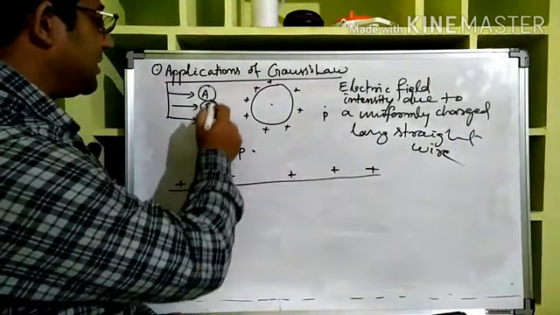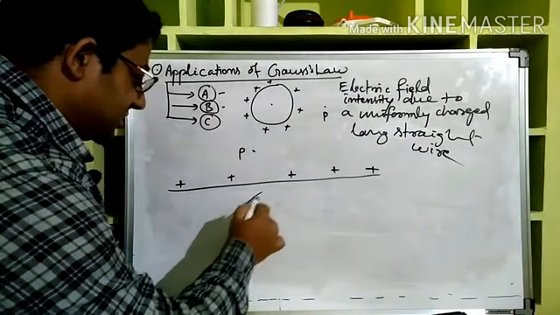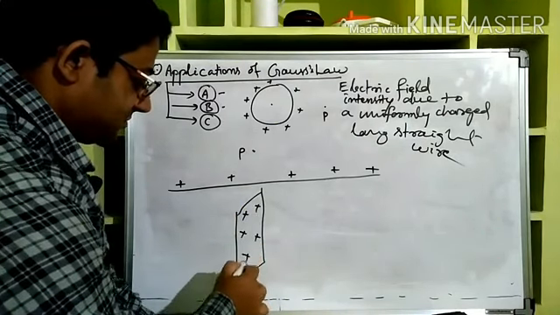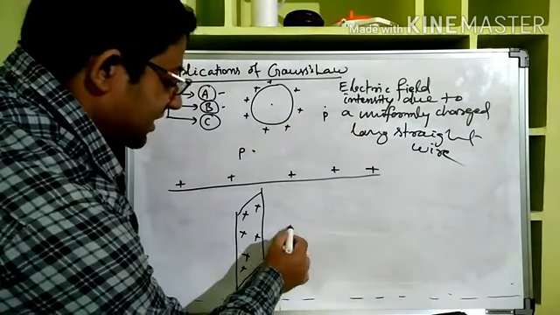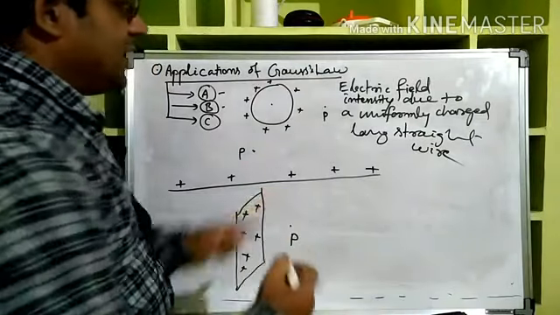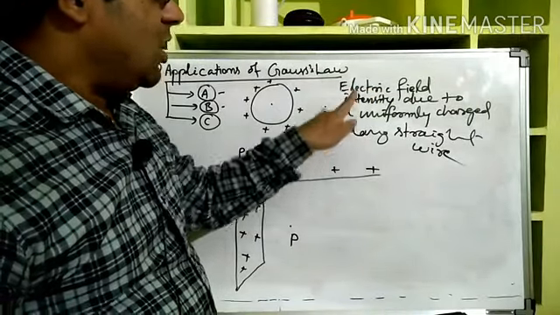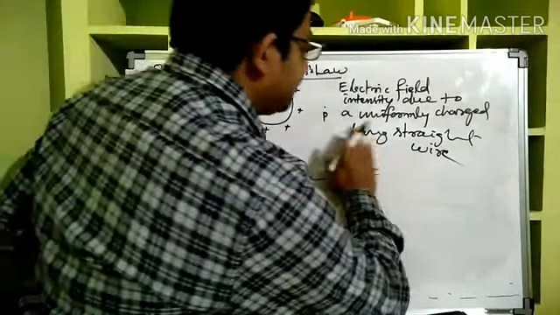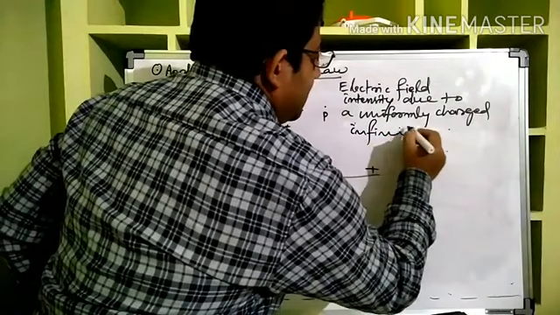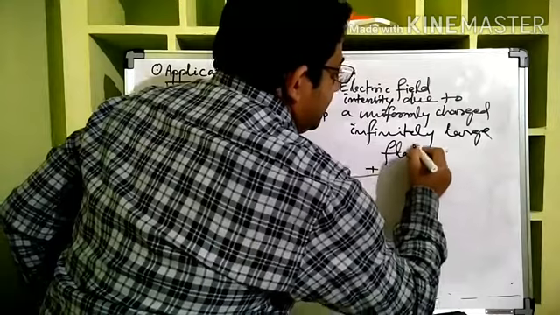And our third application will be, we will take a very large sheet, an infinitely large sheet with uniform charge distribution, and because of that sheet at a particular point P, wherever that point may be, our application C will be electric field intensity due to a uniformly charged infinitely large flat sheet.